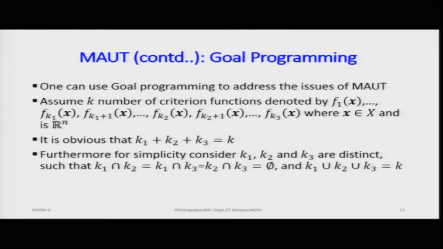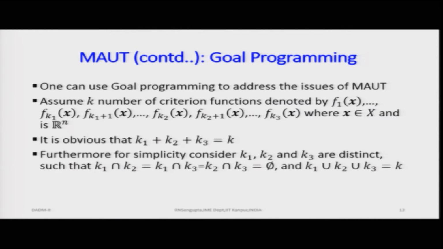Say you want to attain a profit per month of 2 crores. That is the A value, and based on that you get the weight. If you think your level of attainment has to be met as closely as possible, then the weights you put would be high or low depending on the importance you place on that objective function. So, one can use goal programming to address the issues of multi-attribute utility theory.